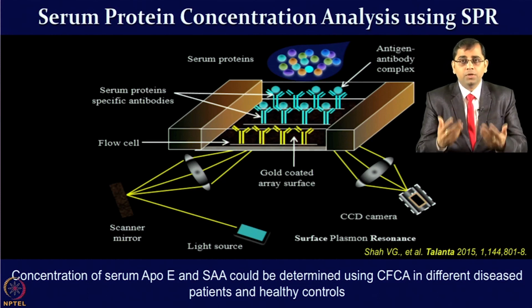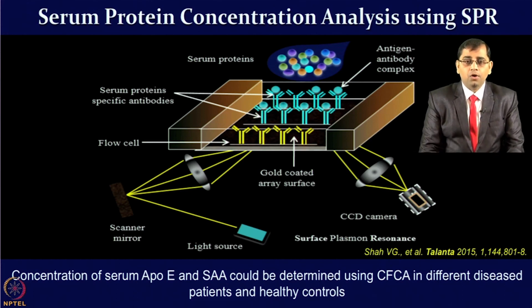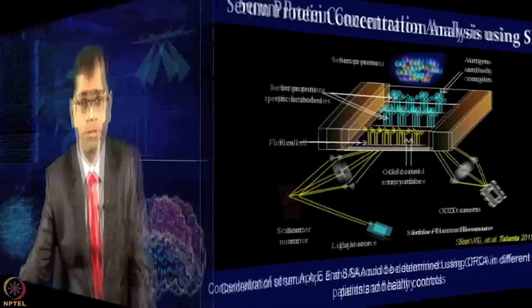One could start developing these assays much faster. We have also come up with some very innovative ways of measuring these interactions using CFCA, which is calibration free concentration analysis of different serum proteins.